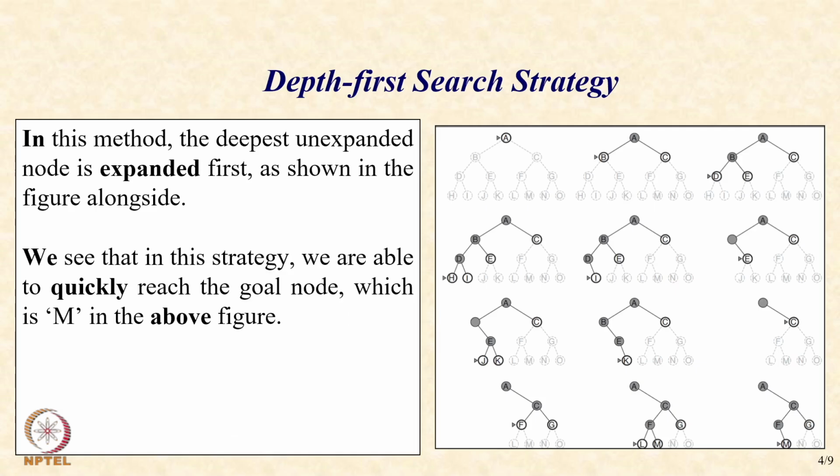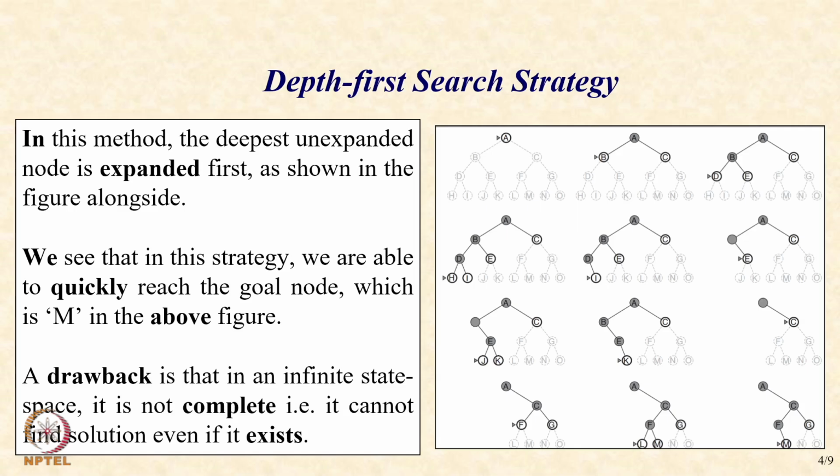In this case it so happened that M is the goal node, and if we had done breadth first, you would realize that we would have expanded all the nodes at the other level as well, like E, F and G, before coming down to the level of M. But in the present case, because we were already at a deeper level, it was quicker for us to identify the goal node M.